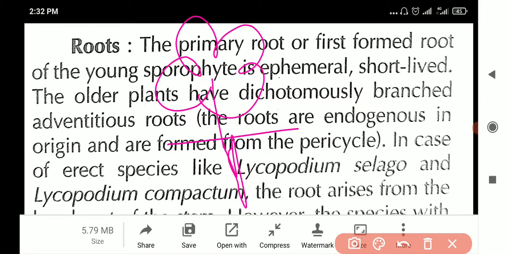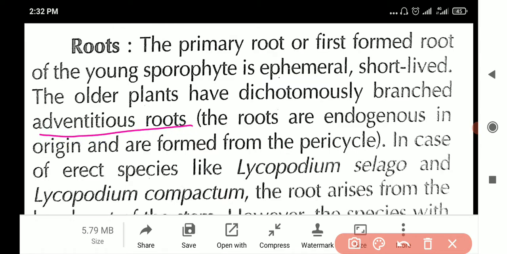You had a taproot, no? Then you had those adventitious roots coming from the side. Remember, you have done this in school. So this big taproot is what these other herbs like roses possess. But here in Lycopodium, this main root will die off, and then the adventitious roots they will possess.